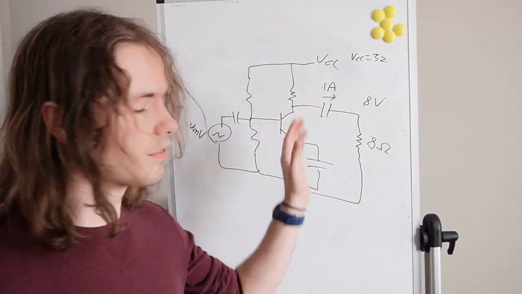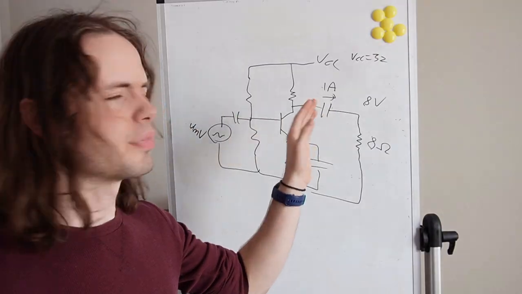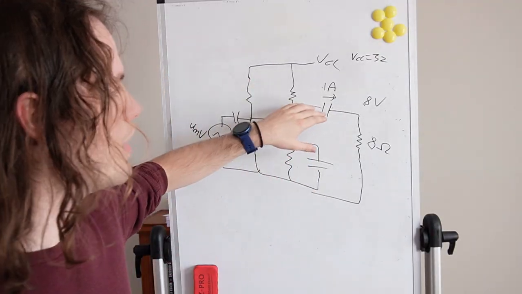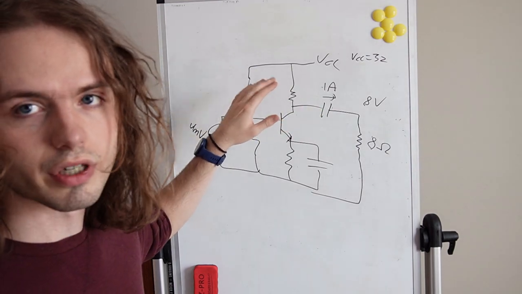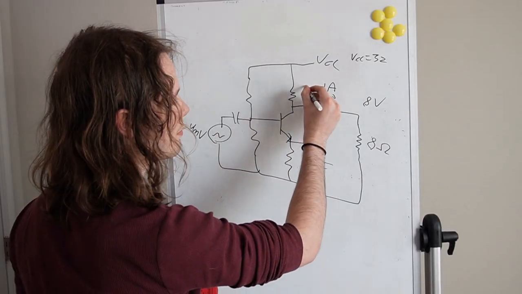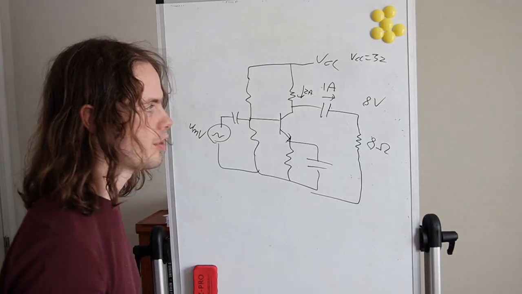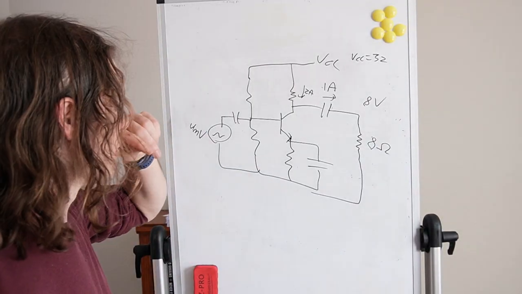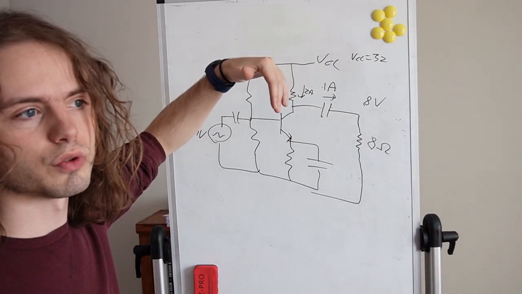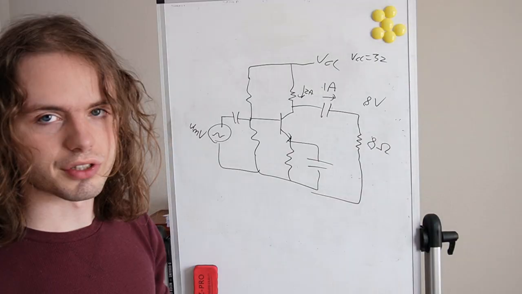Because if your load is going to fluctuate 1 amp peak to peak, or 1 amp amplitude, you're going to need that variation to not cause your system to clip. So that means that you probably want maybe 2 amps or 1.5 amps running through it. That way, when it's at its midpoint with 2 amps, 1 amp will not cause it to fully get rid of its voltage, or cause any clipping, I should say.